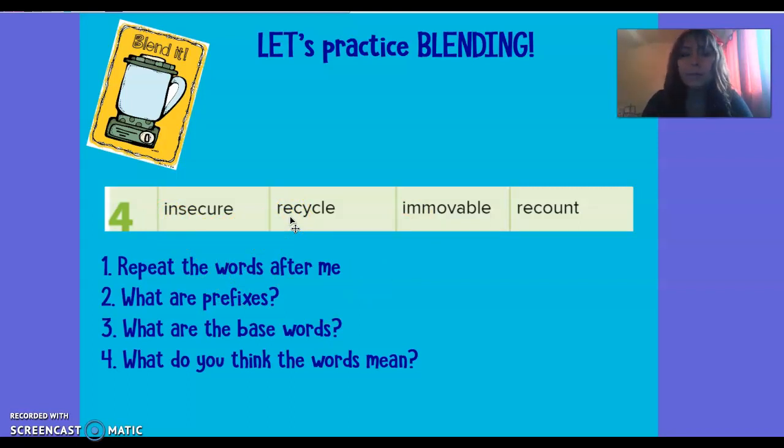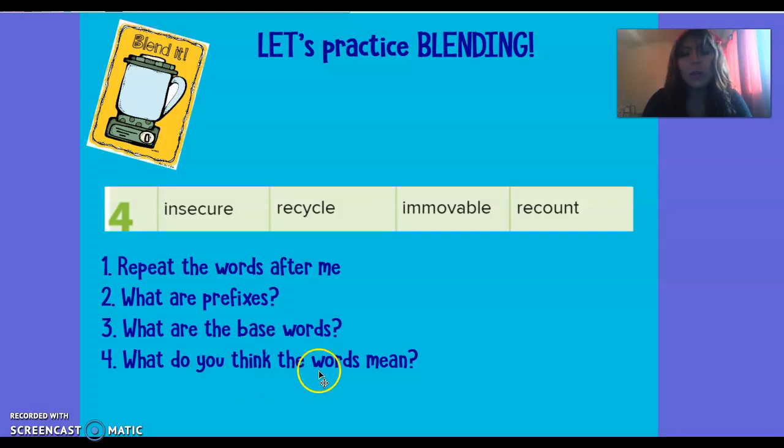Try to remember. Yes, in and im mean not or opposite, and re means again. So go ahead and identify the base words. The base words in line 4 are secure, cycle, movable, and count.